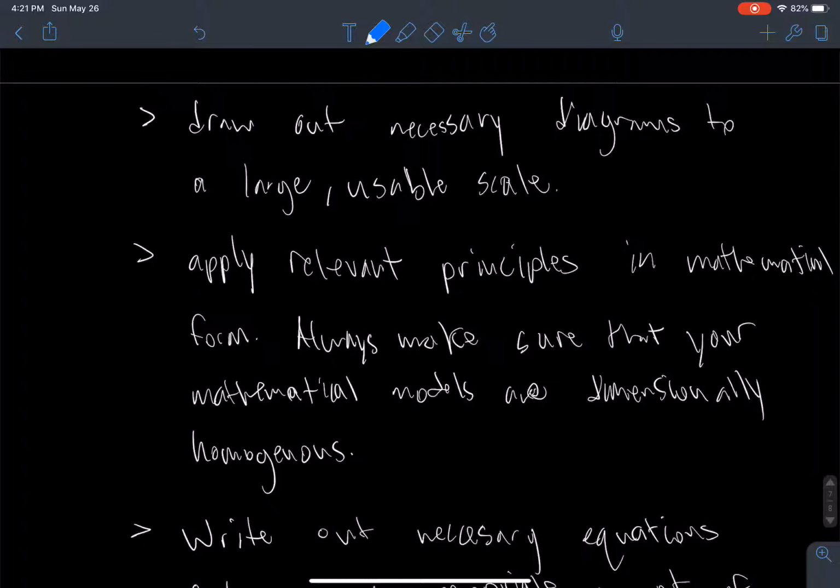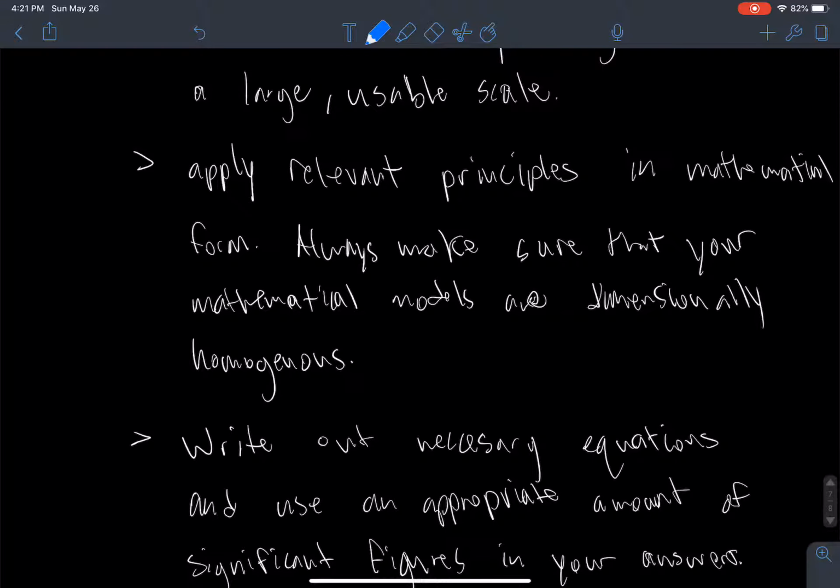And as you're doing these problems, you're going to want to work them out in mathematical form. You're not going to just be able to visually solve for everything, because it's not going to be that easy. Say for instance you have a particle that has forces acting up and forces acting down.